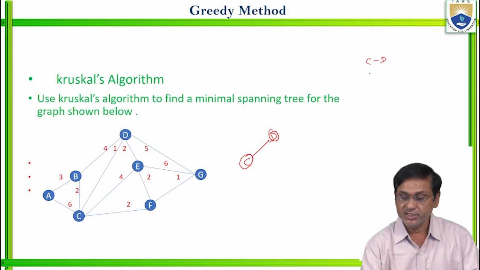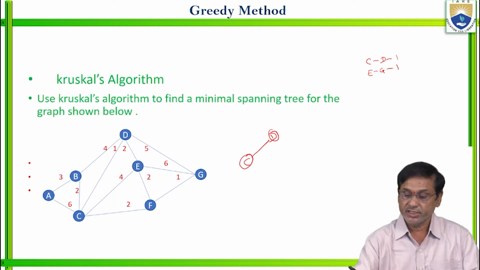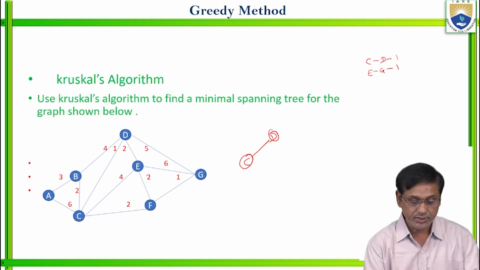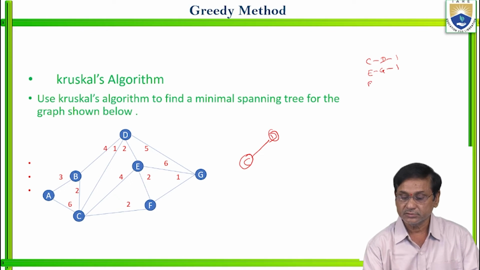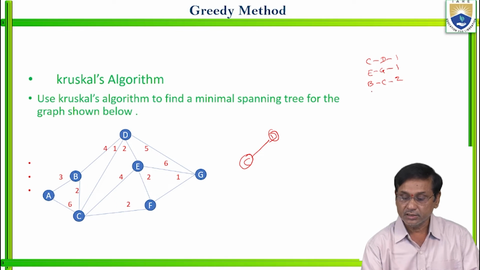Then EG. CD is 1, EG is 1. First list out the edges in increasing order. So EG is over, CD is over. Next BC. BC is 2. Then next DE, BC, CF.